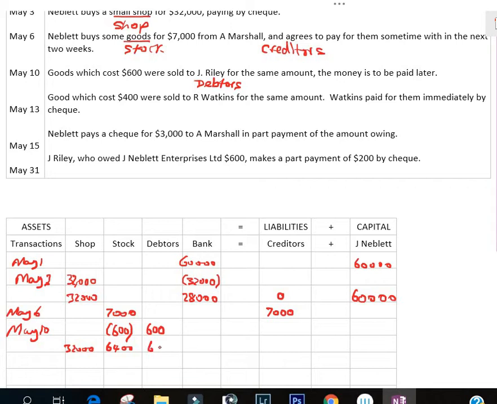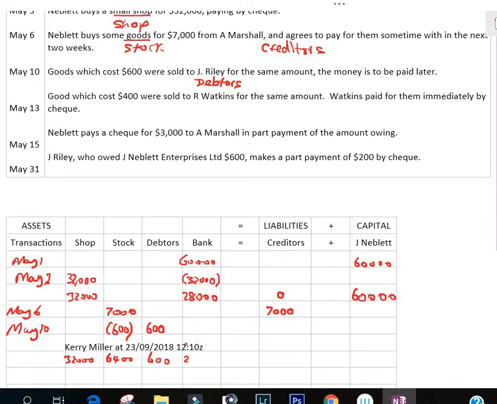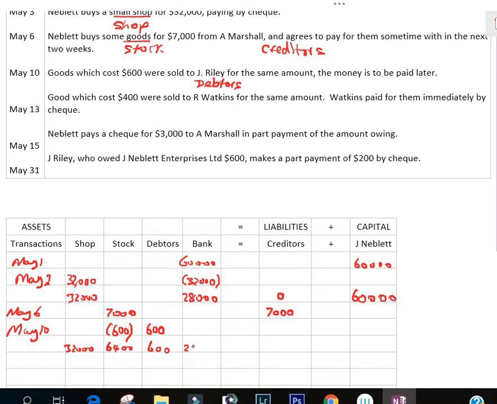He's promised accounts receivable of $600, and he still has $28,000 in cash in the bank, and he still has not paid off his creditors, or paid back Marshall. So the $7,000 there in liabilities, and his capital still remains the same because he has not withdrawn any money to his personal account.